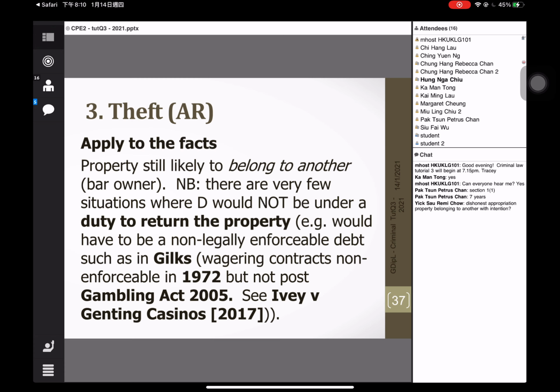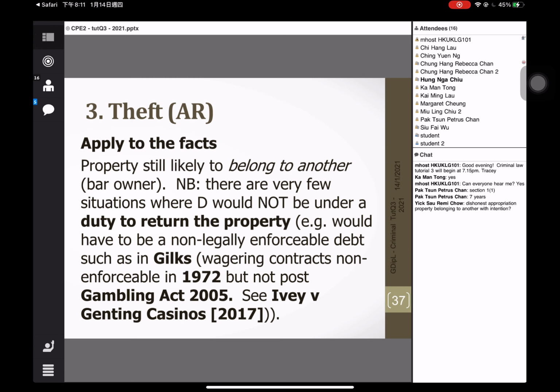Now, it's difficult to find an example, but at the end of the slide, I have given a rundown of the case of Gilkes, but do bear in mind that when Gilkes was decided, wagering contracts or betting contracts were non-enforceable.